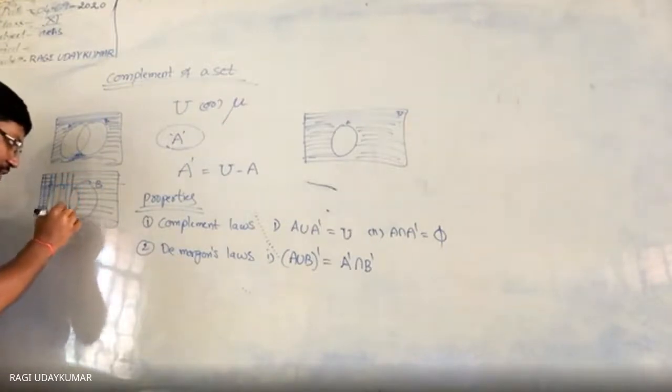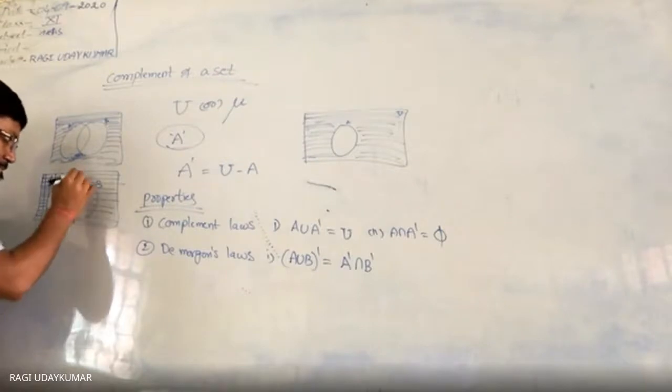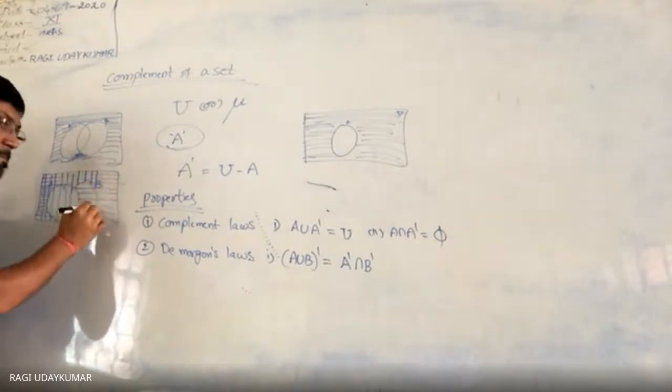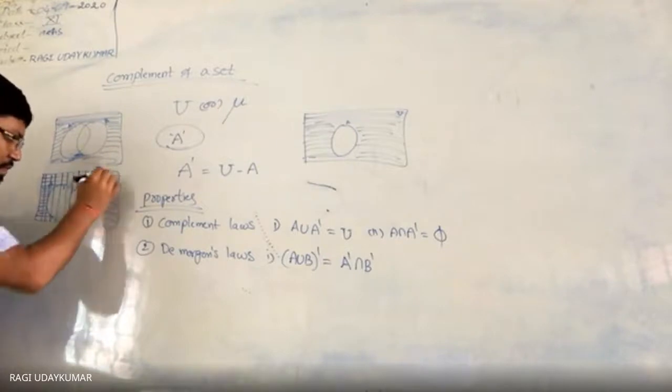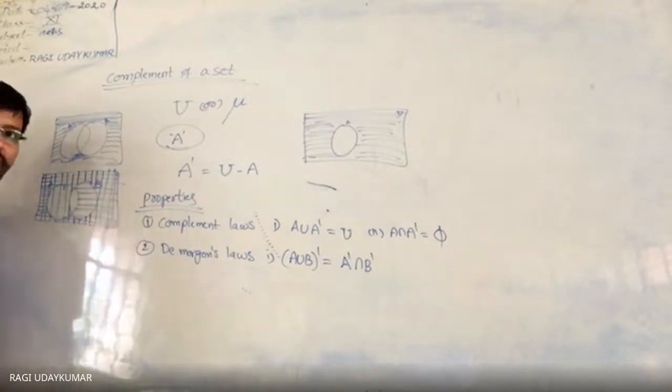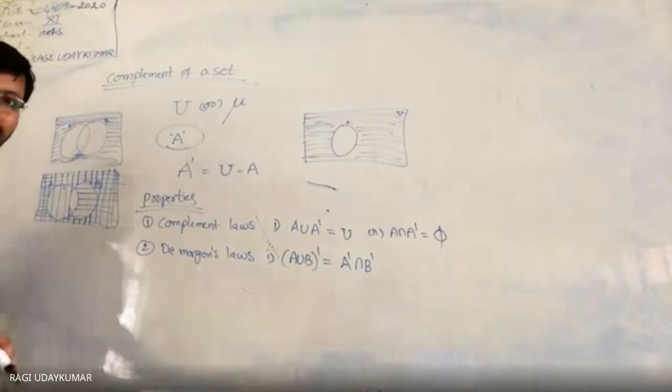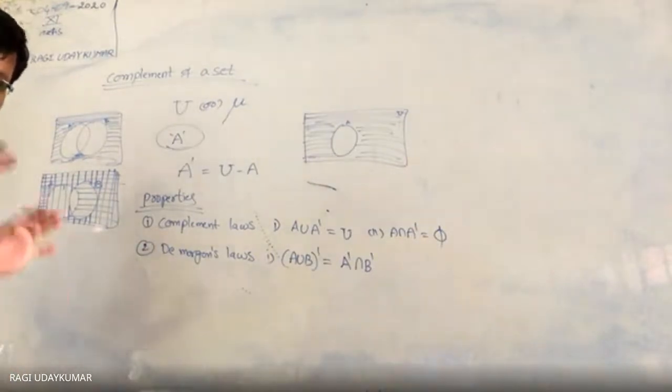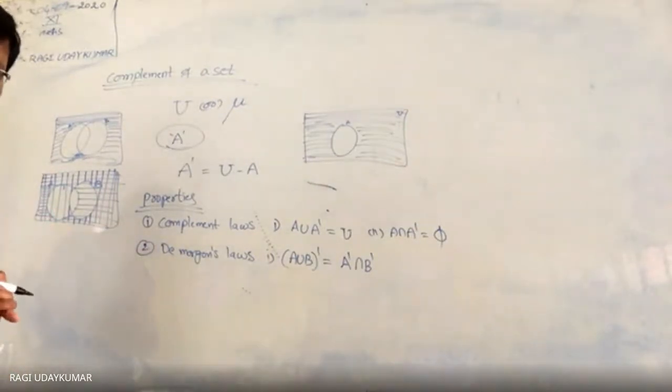See here I am leaving. So the final answer is what? Wherever both the lines are present, that is the final, A complement intersection B complement.